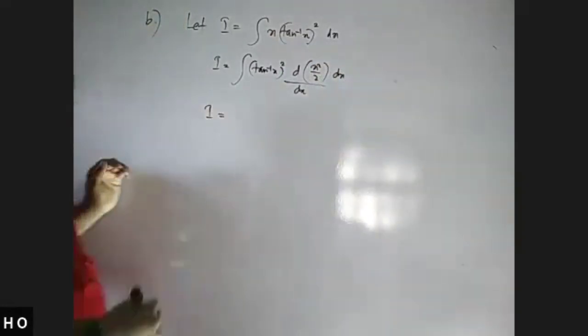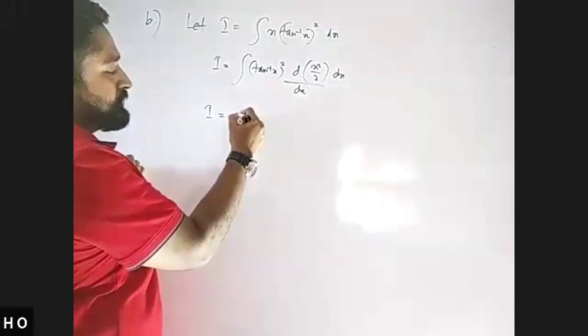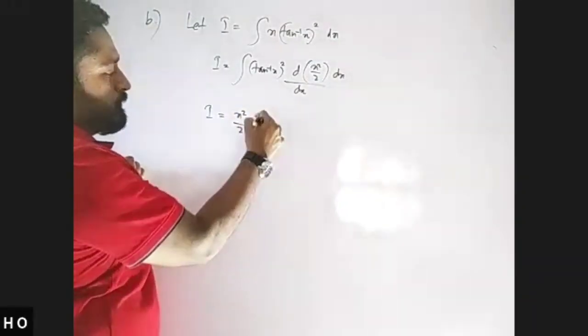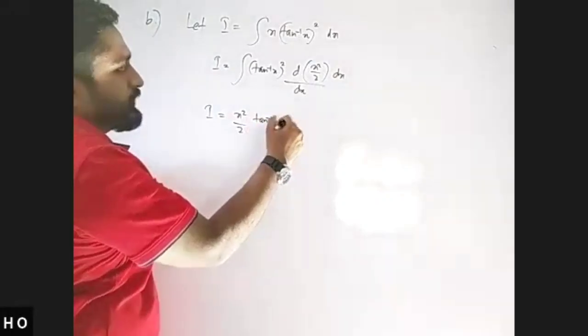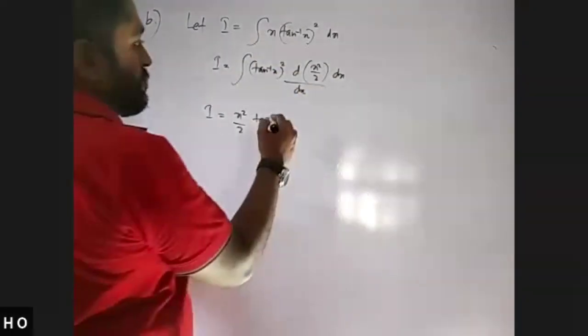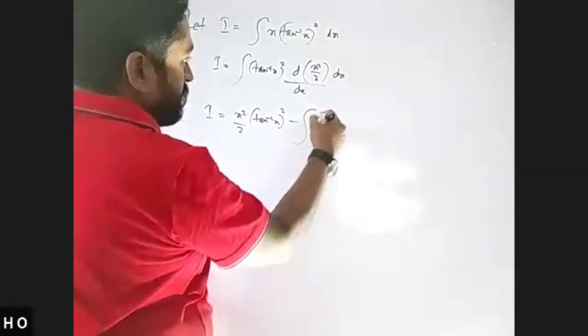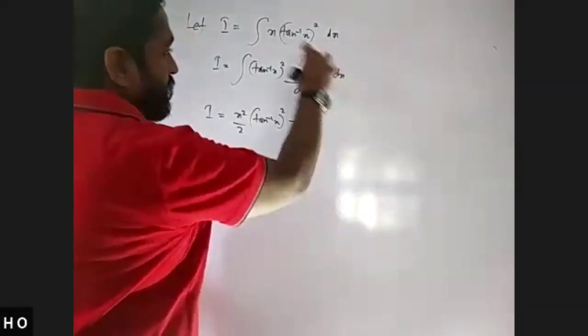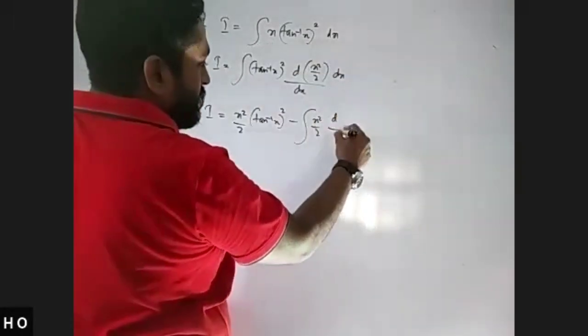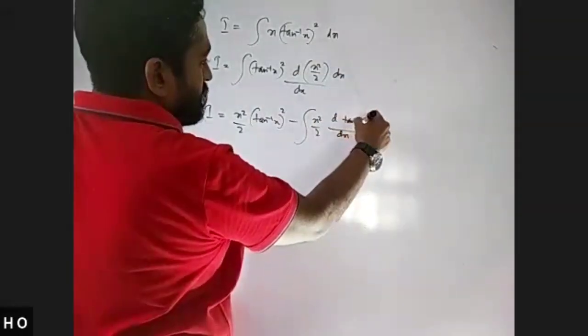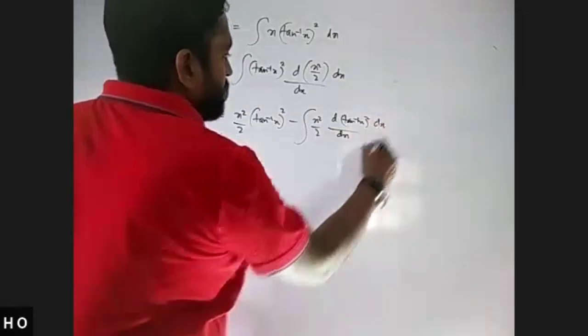Now the LHS is arranged. Now to the RHS: x squared by 2 into tan inverse x squared, minus the integral of x squared by 2, with this out and this in for d by dx, of tan inverse x squared dx.